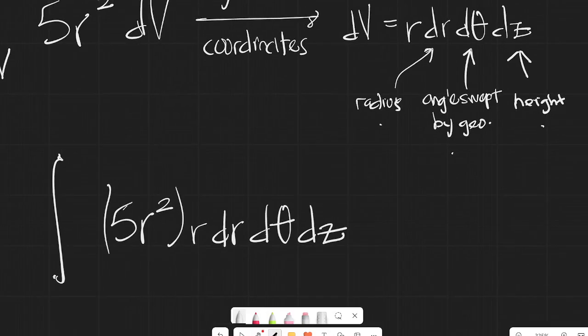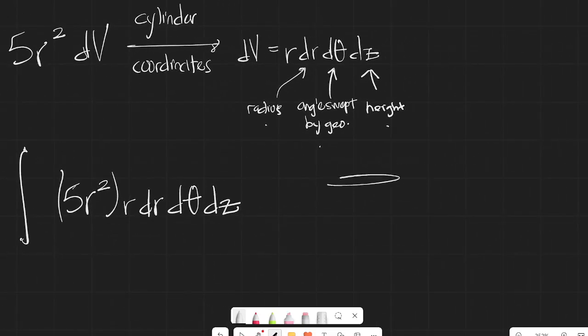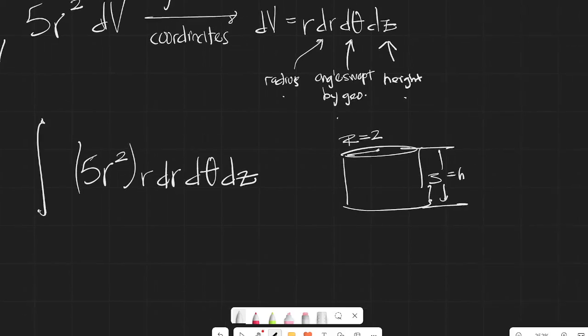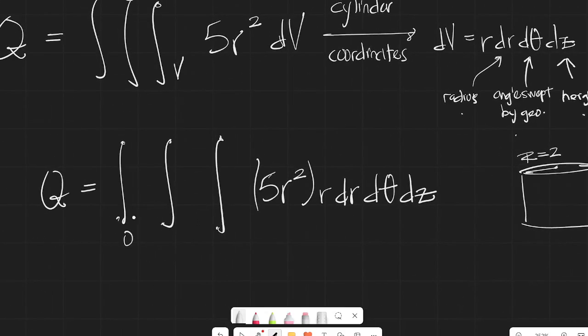Now let's look at our bounds. Let me redraw the cylinder again: radius equals 2 and the height is 3. So z goes from 0 to 3. The cylinder includes the whole thing, it's not just a fraction of it. If it were, you would just adjust these bounds accordingly. But in this case, it's a full circle.